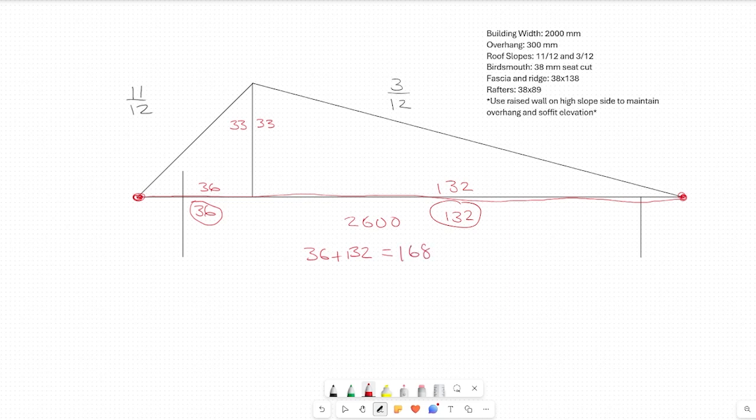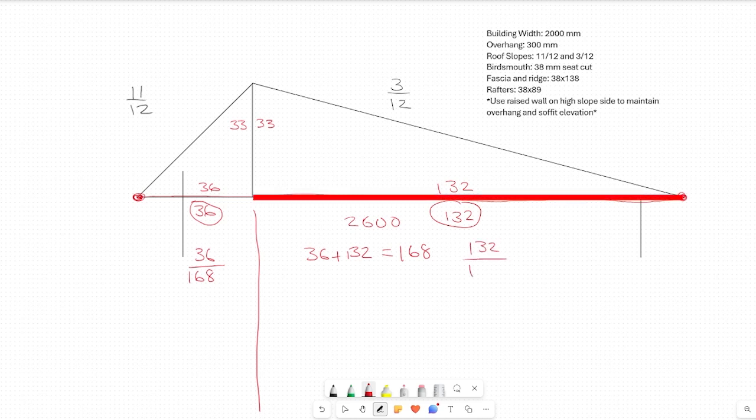Now where I'm going to use this number is drawing some proportions. 36 out of 168 units of run is on this steep side. I'll just draw a line here. And on the low slope side, I have 132 out of a total of 168 units of run.